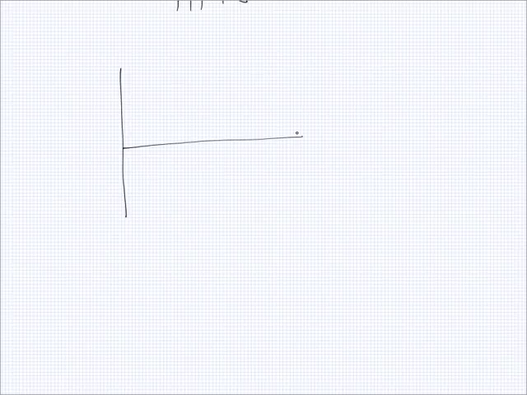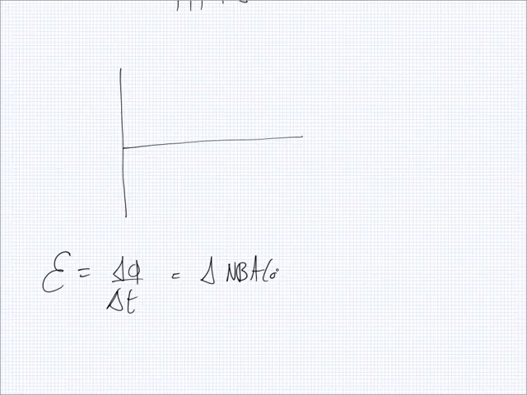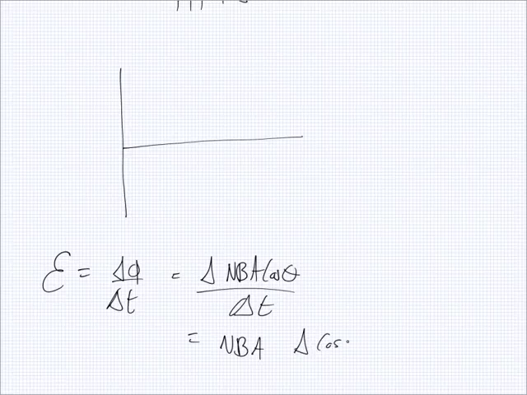So if you think about the formula, I don't care about the minus, we'll figure out the direction in a moment, okay? Which will be NBA, the change in cos theta over t, which is NBA sine.